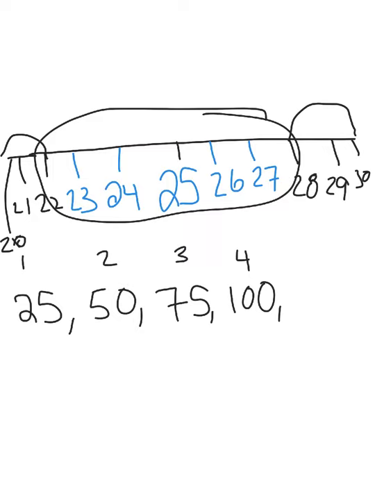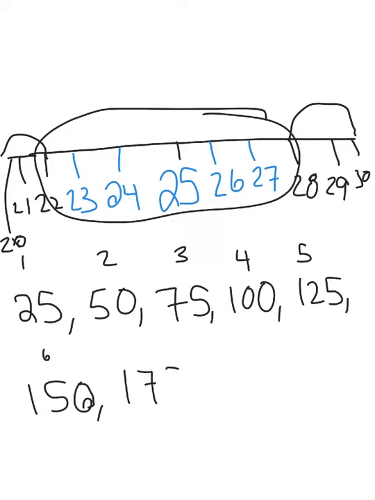5 quarters is 125, so 25 times 5 is 125. 25 times 6 is 150. Whoops, 150, sorry. 25 times 7 is 175, and 25 times 8 is 200.